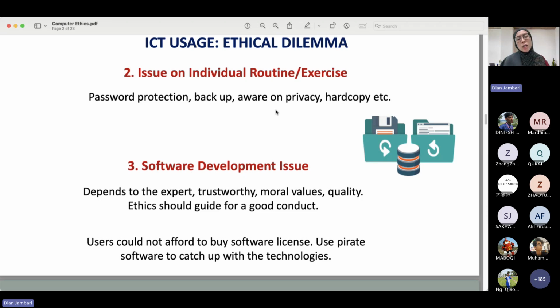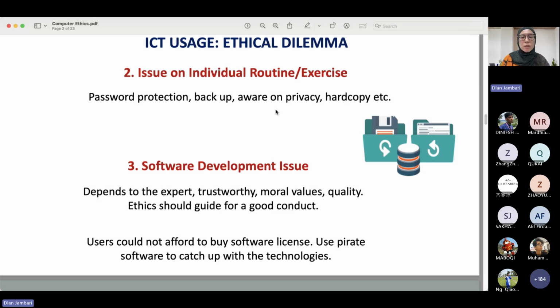It's a hassle to keep changing them. And so you are using password protection, but it may not be done the right way. And that becomes a dilemma. You create a setting where there is a potential for unethical situations to happen. So that is the second common kind of ethical dilemma.